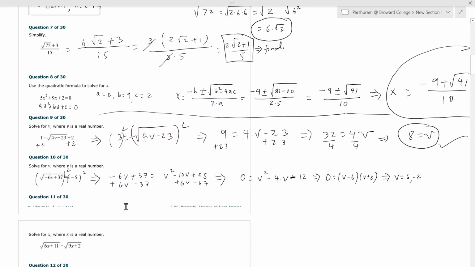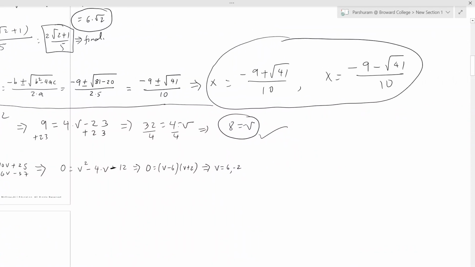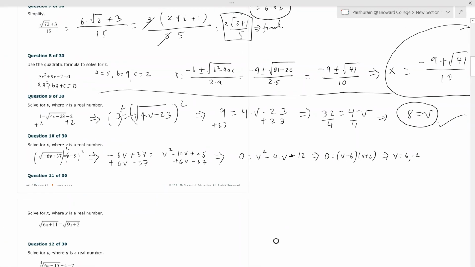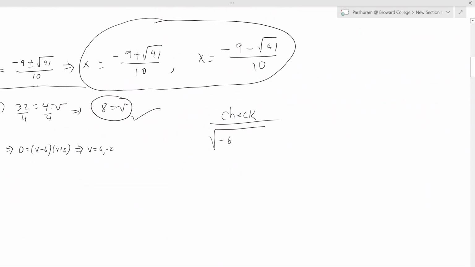That's how you check whether that is a valid solution or not. So I'm going to do the checking here. I'm going to put inside that radical negative 6v plus 37, with v equals 6 and negative 2.